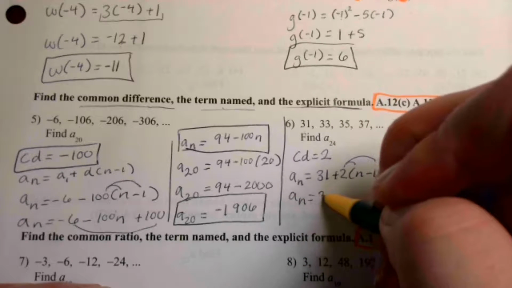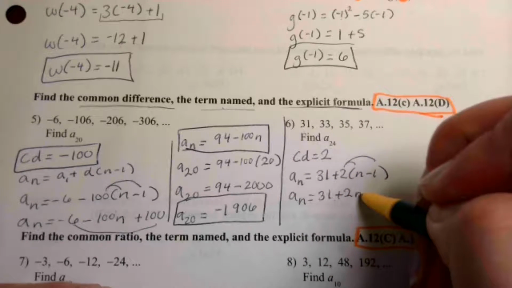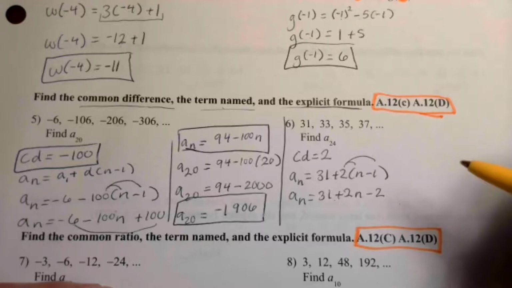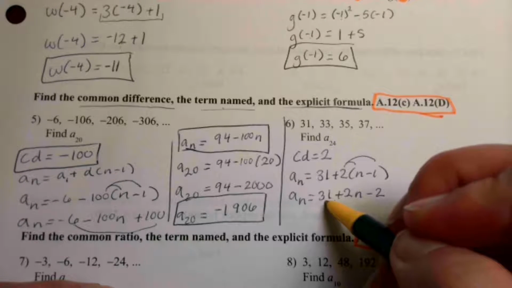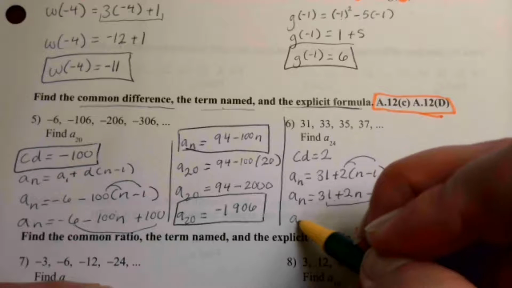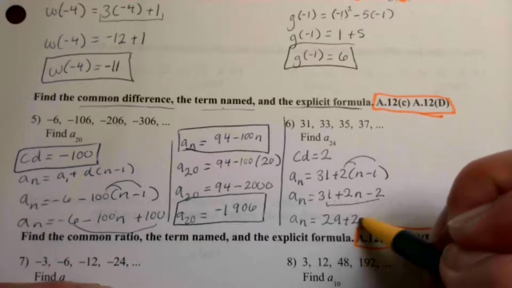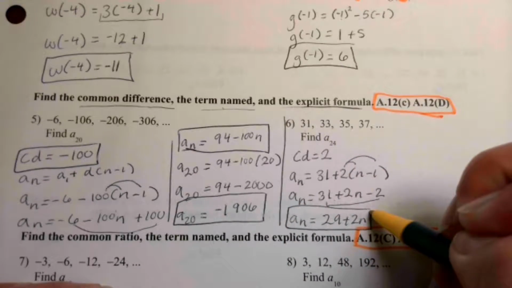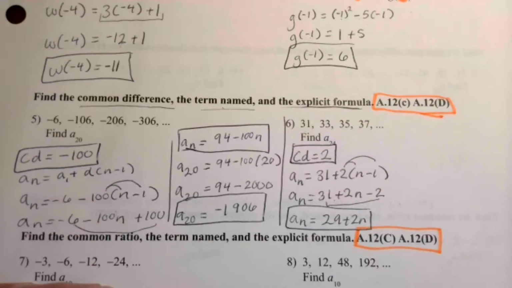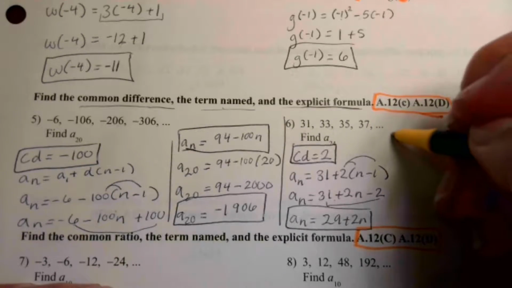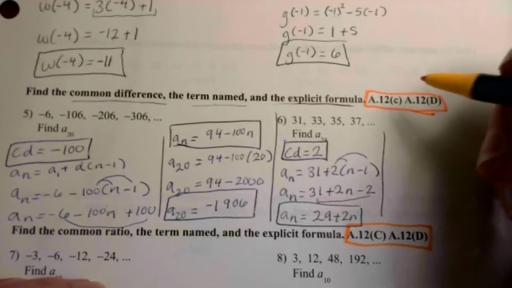A sub n is equal to 31 plus 2n minus 2. Combine like terms. 31 take away 2. A sub n is equal to 29 plus 2n. I've got my explicit formula. I've got my common difference. Make sure you're writing small and make sure you're writing neat.